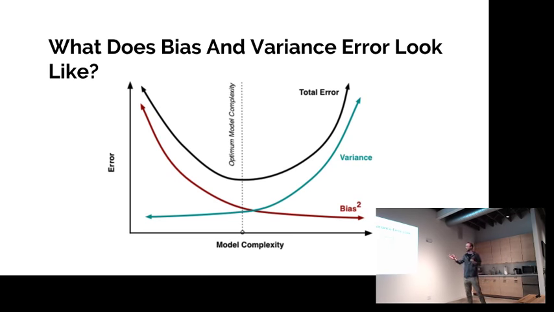But any strategy you use to reduce bias inevitably increases the error due to variance, and vice versa. So one of the goals of machine learning is to find this sweet spot of model complexity and minimizing all error. So yeah, that's just something to consider.